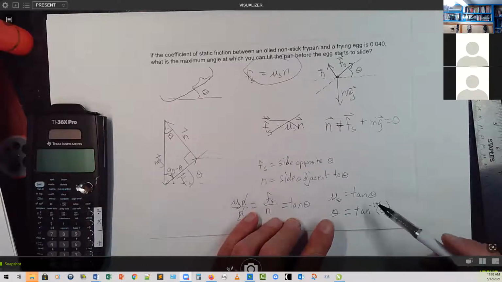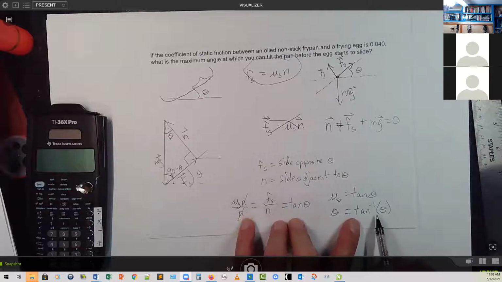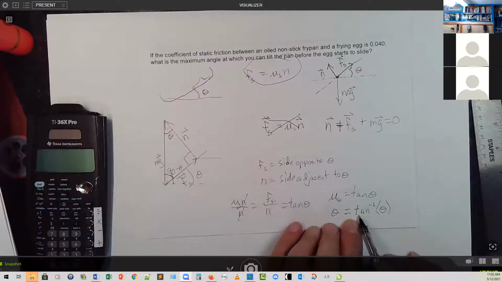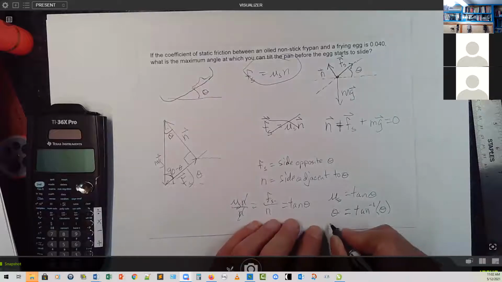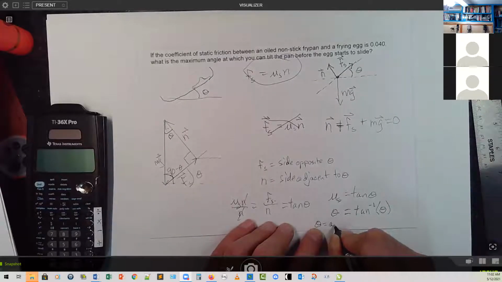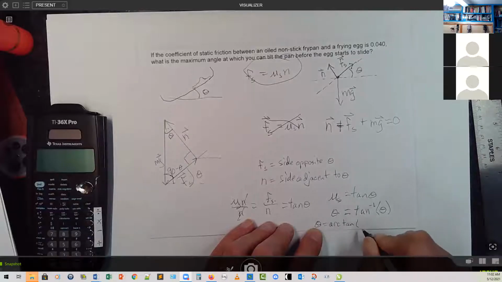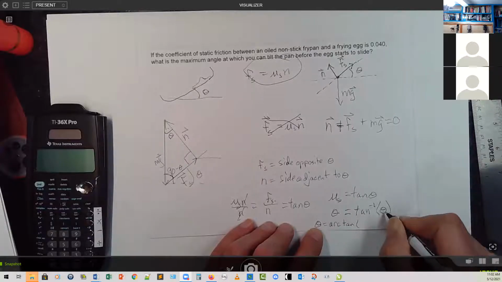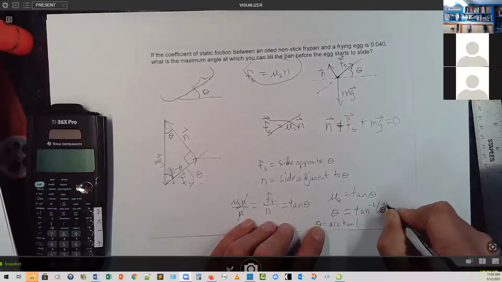So something I learned when you write an expression like this is that another notation for that would be theta is the arc tangent of mu sub s.